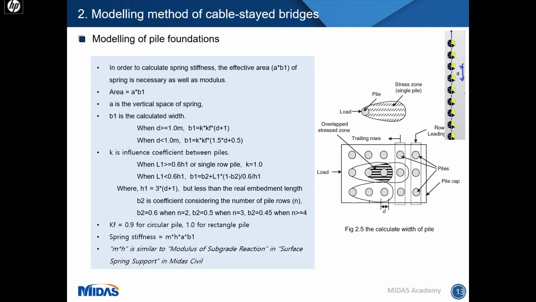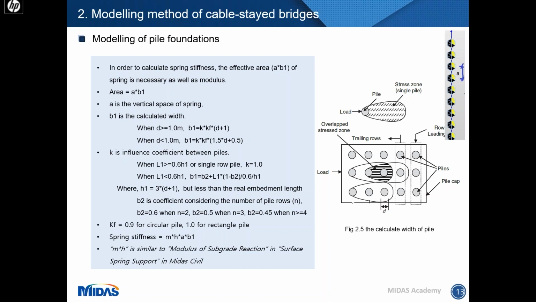And the width of the rectangle is a bit complicated. If we look at figure 2.5, we can see for a single pile, the stress zone is larger than the pile diameter. And for a pile group, because the stress zones overlap each other, we have some formulas to consider this effect.